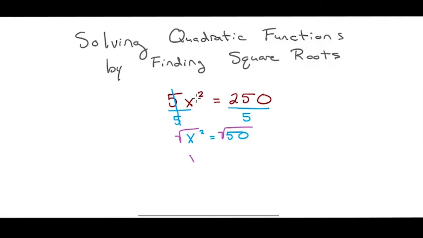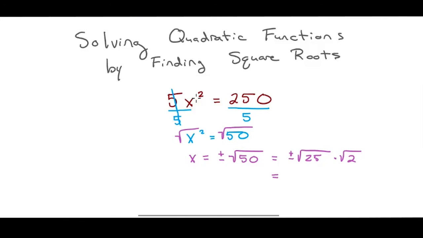Next thing I'm going to do is take the square root of both sides. The square root of x squared is x. But because I took the square root of both sides, I need to leave this as plus or minus the square root of 50. Well, if I think of my factors of 50, I can do this as the square root of 25 times the square root of 2, and I know the square root of 25.